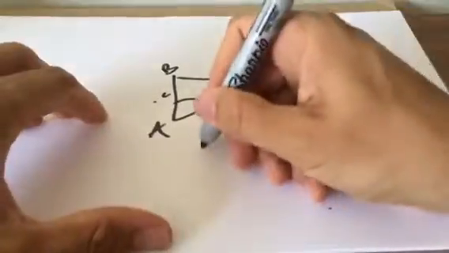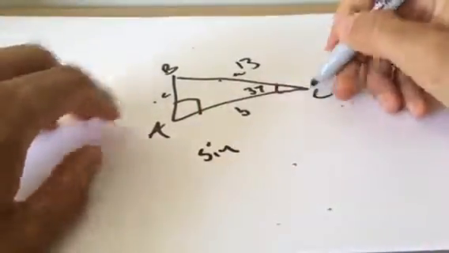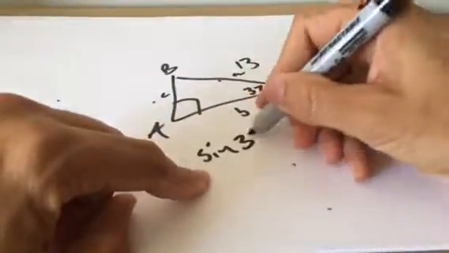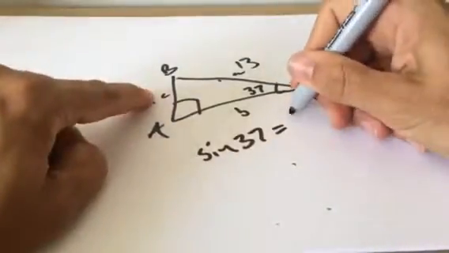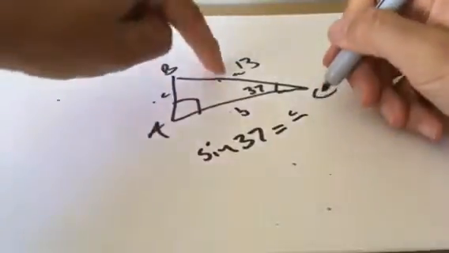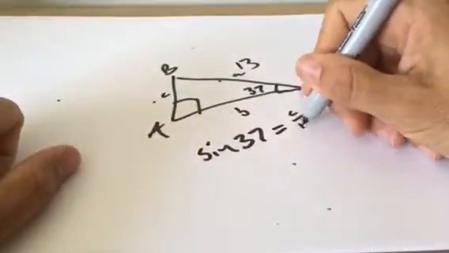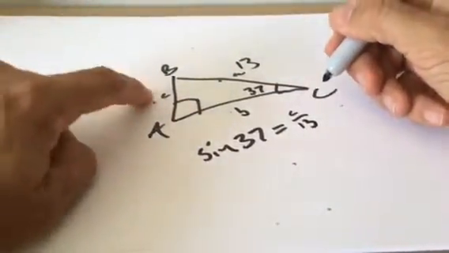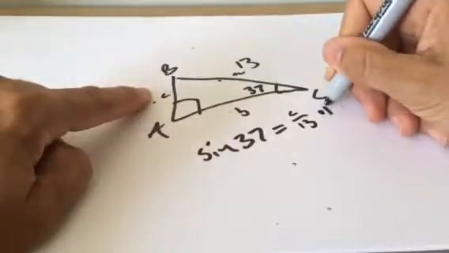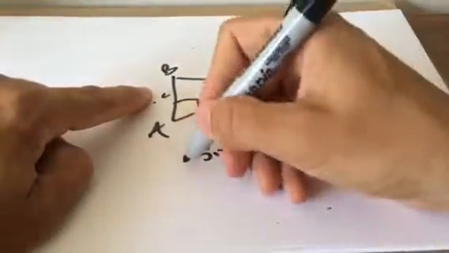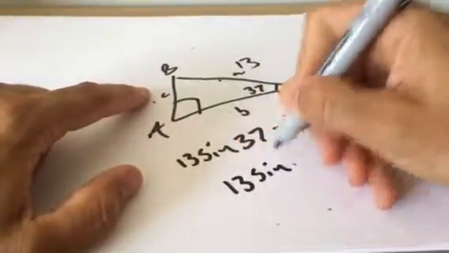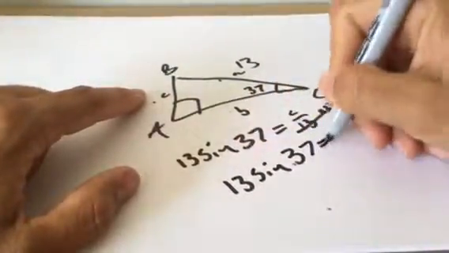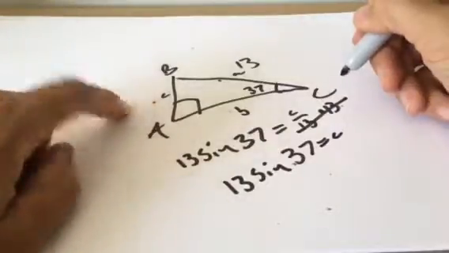So if we decided to do sine, well, we would know the angle here is 37. So we have sine 37 equals the opposite, or C, over the hypotenuse, or A, which was 13. So now we have to find C, and what we do here is we multiply times 13, because those will cancel out, and you multiply this times 13. So you get 13 sine 37 equals the side C.